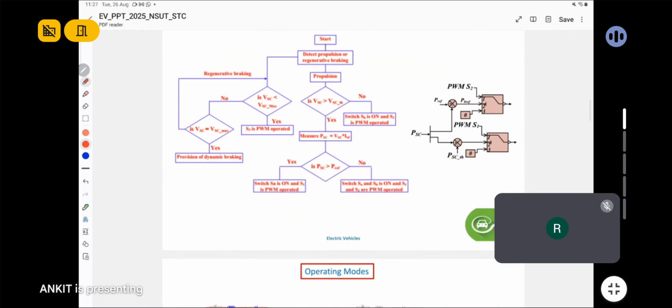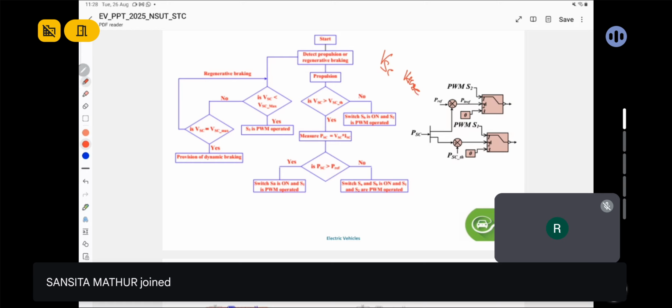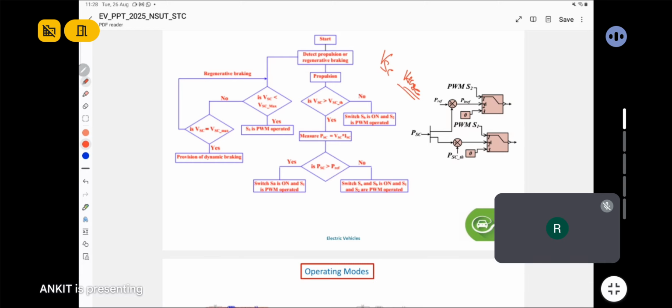The detailed logic is shown in this flow chart. The supercapacitor will supply power when its terminal voltage is higher than its threshold terminal voltage. If the terminal voltage is very low, the supercapacitor can still provide a very high amount of power, but it will draw a large current.